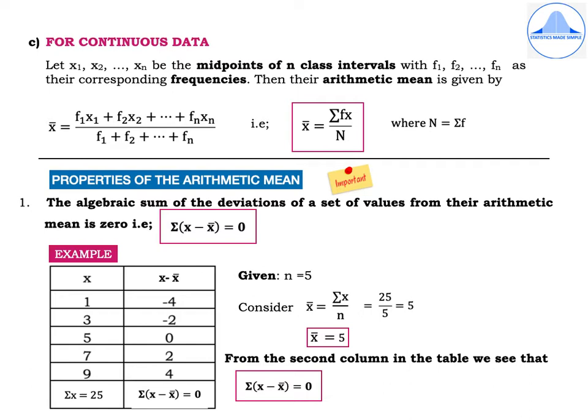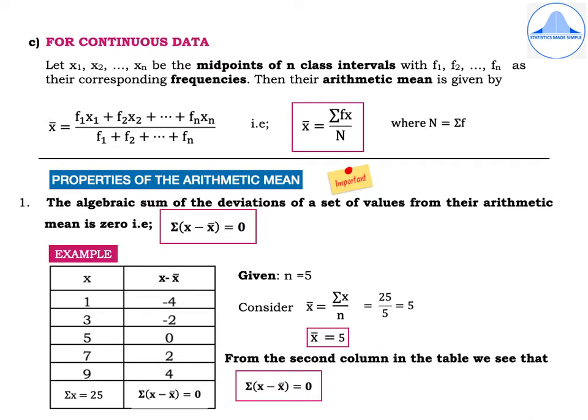Let me now explain this through an example. You need not learn the example for the exam. This is only for your understanding. Now suppose I consider the x values as 1, 3, 5, 7 and 9. Now because I am considering only the x values, it means it is raw data. And we find out summation x, which is equal to 25.